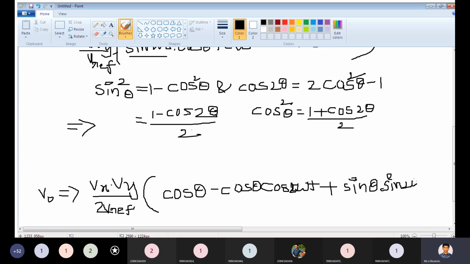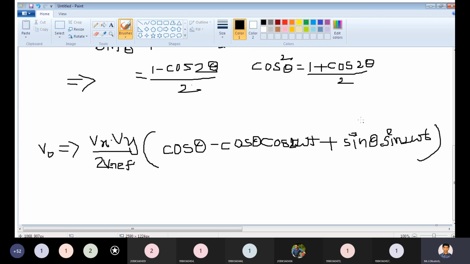This is the expression we are getting. Again you need to simplify this: multiply Vx Vy by 2 V reference with cos theta, and Vx Vy by 2 V reference with this value. This is the final expression.